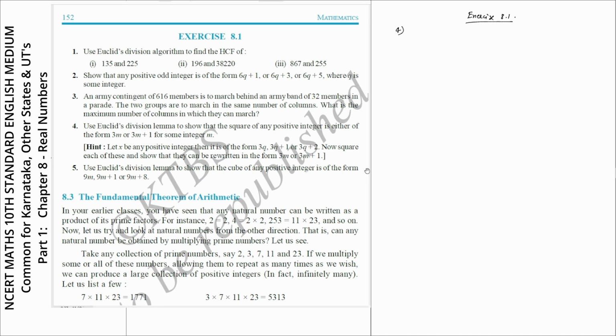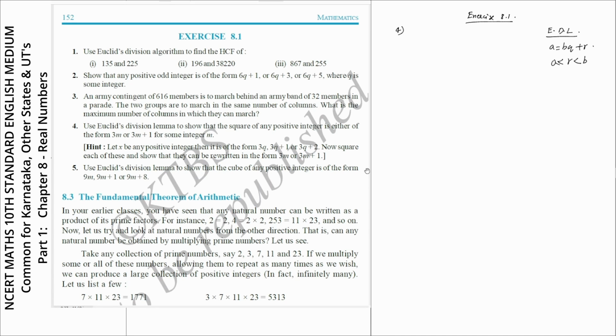So according to Euclid's division lemma, if a and b are two integers, then I can write a is equal to bq plus r, and r varies between 0 and b.